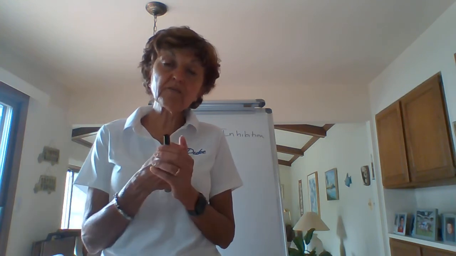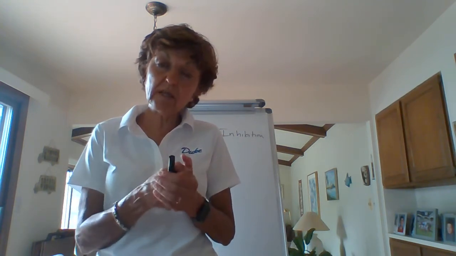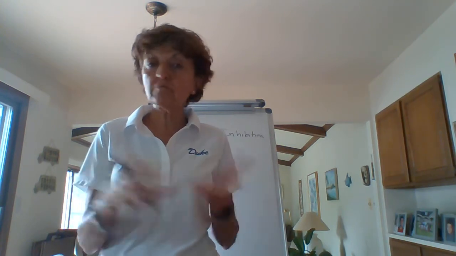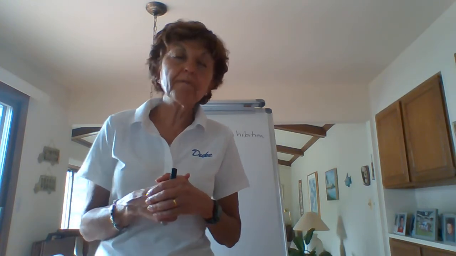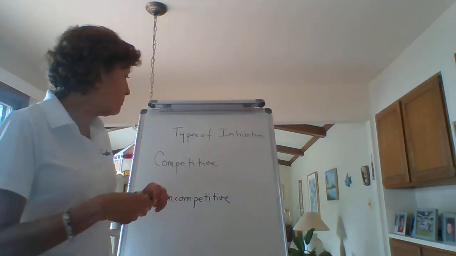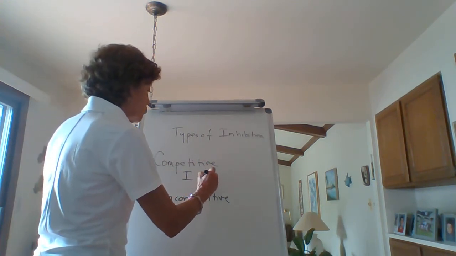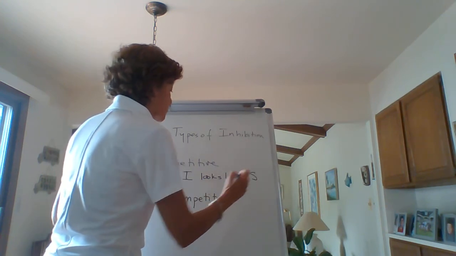Now, if a competitive inhibitor binds there covalently, it becomes pretty irreversible. It's really hard to change that and allow the reaction to occur again. Remember that the inhibitor molecule looks like the substrate.